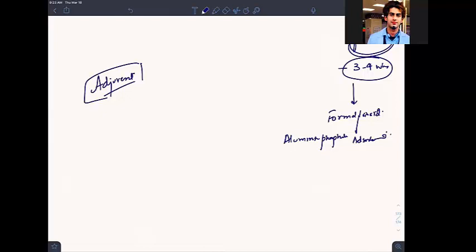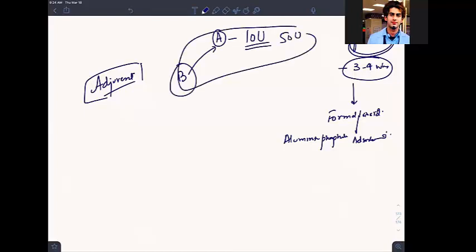Adjuvant means, let me tell you, if I give someone A and it produces an effect of 10 units, and now I give B and A gives the effect of 50 units, then B is acting as an adjuvant, having an additive effect. So this aluminium phosphate is an adjuvant.